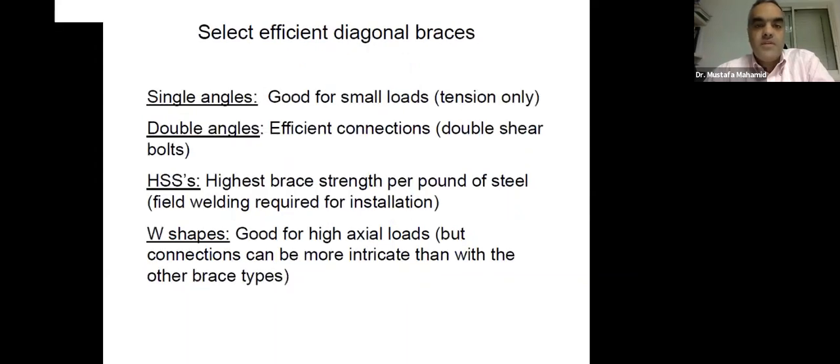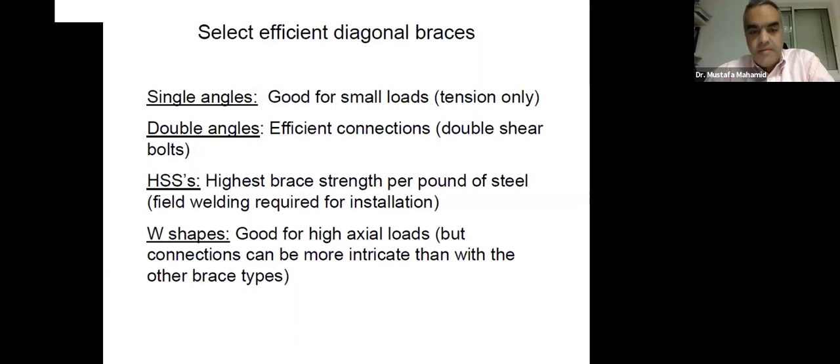Select efficient diagonal braces. Single angles, that's good for small loads. Double angles, efficient connections, double shear connections, that's important, of course. And then HSS, the highest brace strength per pound of steel. Field welding required for installation. So HSS, they are great for braced frames. They require field welding.